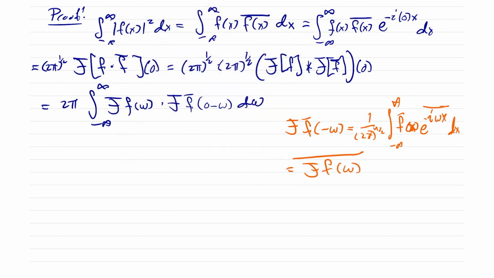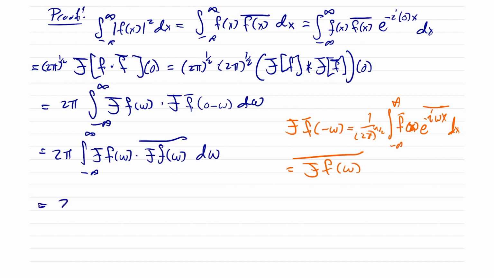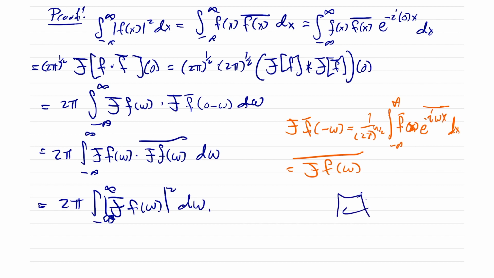So now I get 2 pi times the integral from minus infinity to infinity of F of f at w times the conjugate of F of f at w, dw, and altogether I get 2 pi times the integral from negative infinity to infinity of the Fourier transform of f at w, squared, dw. And that is the theorem. This really just used the convolution property, and that's pretty handy.